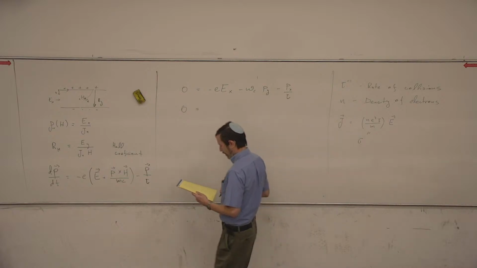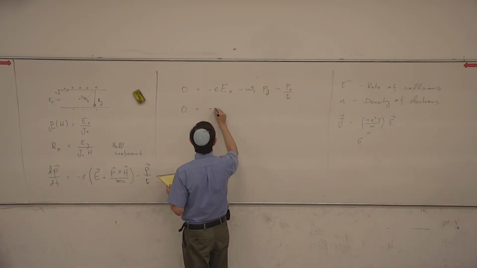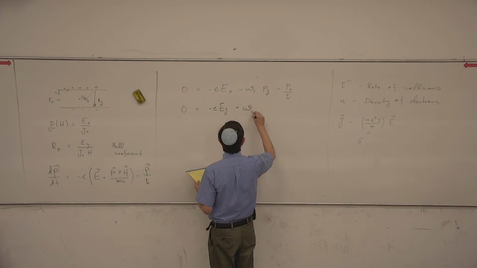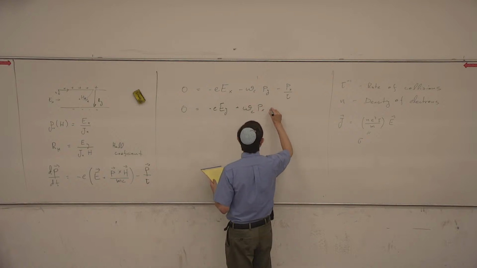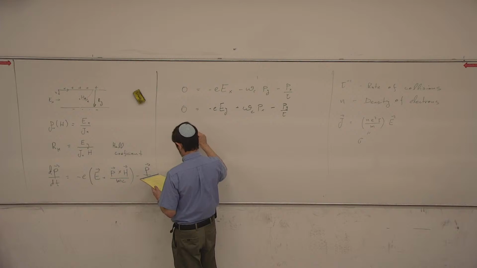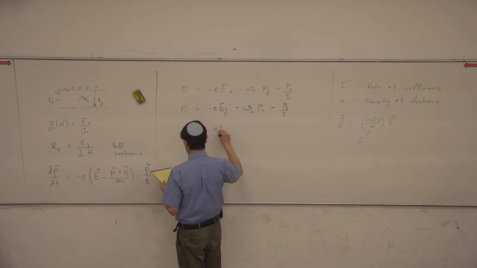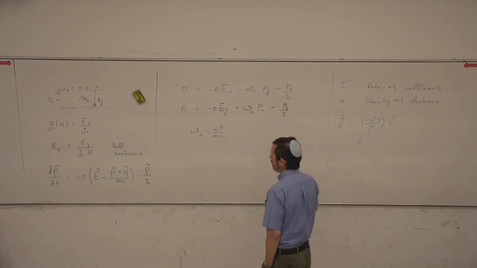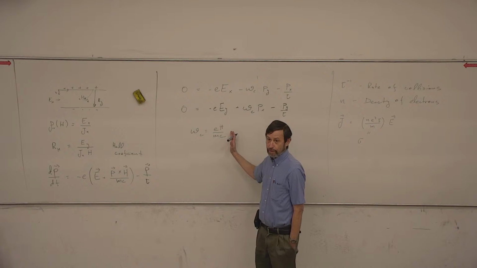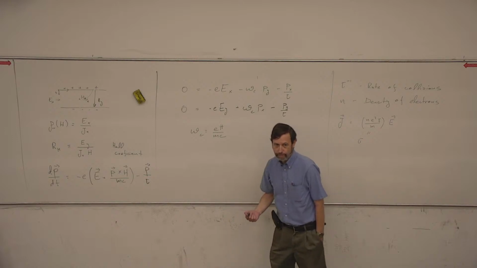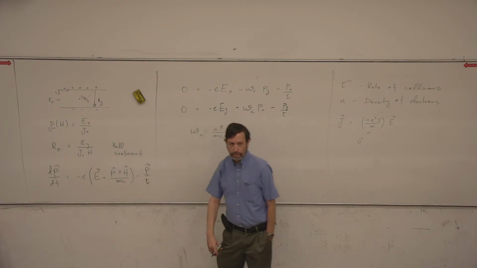In a moment, I'll define omega c. This is the cyclotron frequency, the frequency at which an electron revolves in a magnetic field. It comes out just from the definition.